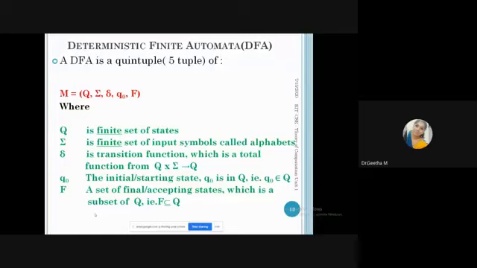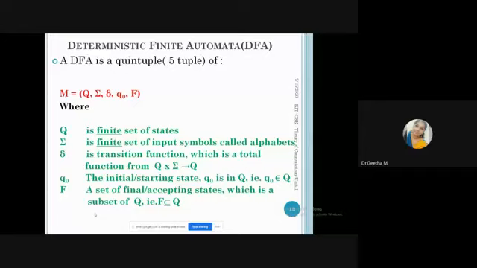First, let us start with deterministic finite automata, simply called DFA. So DFA is a quintuple, a 5-tuple. Always the mathematical symbol capital M is used to denote it.